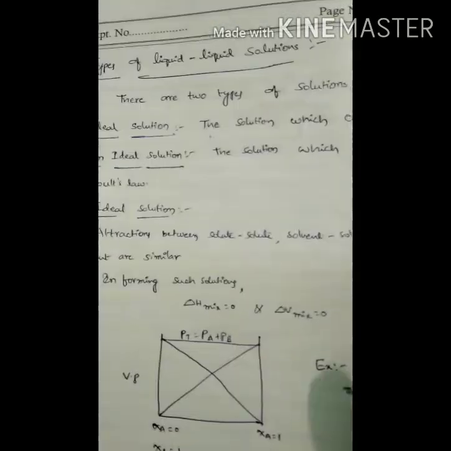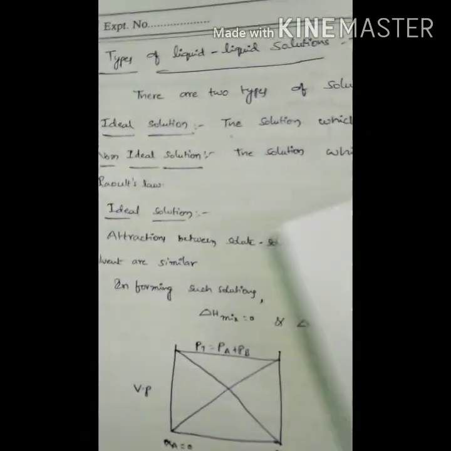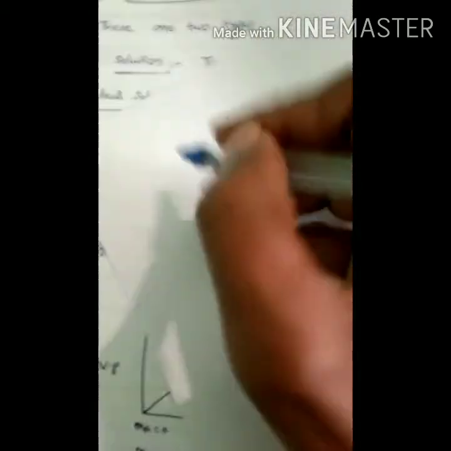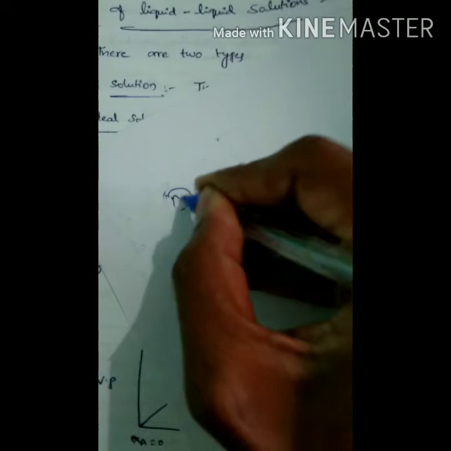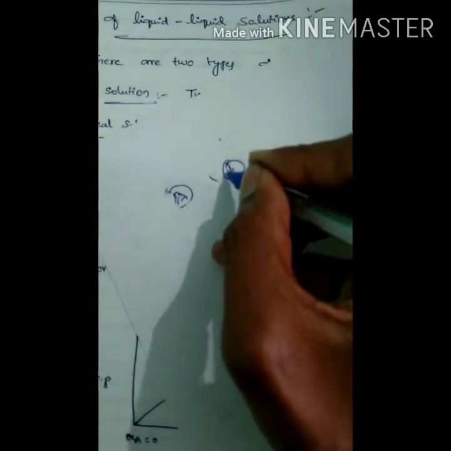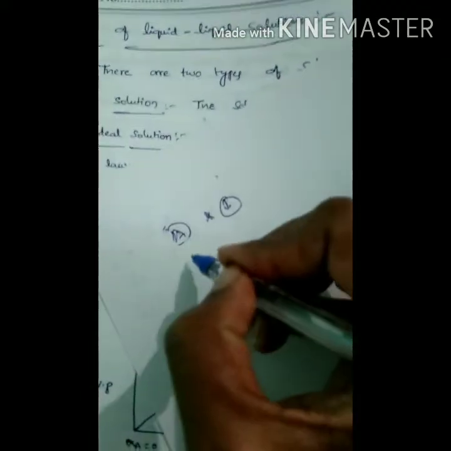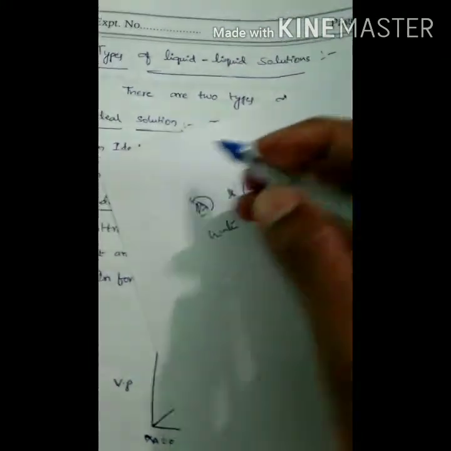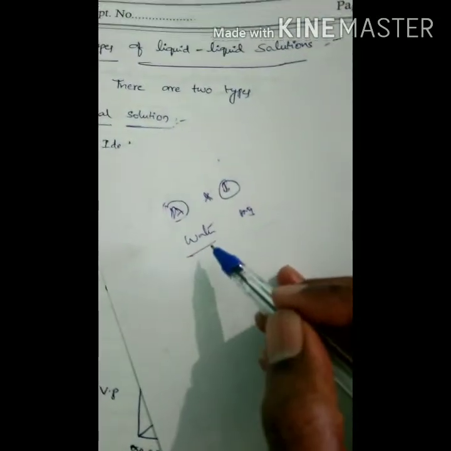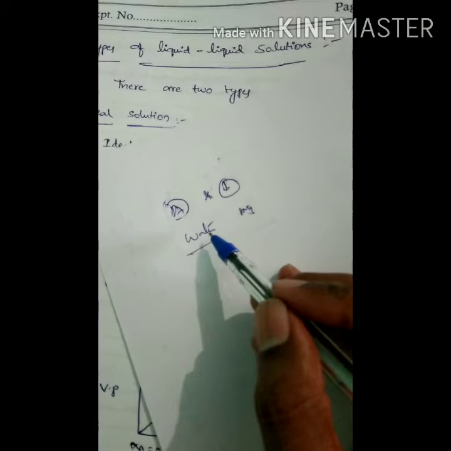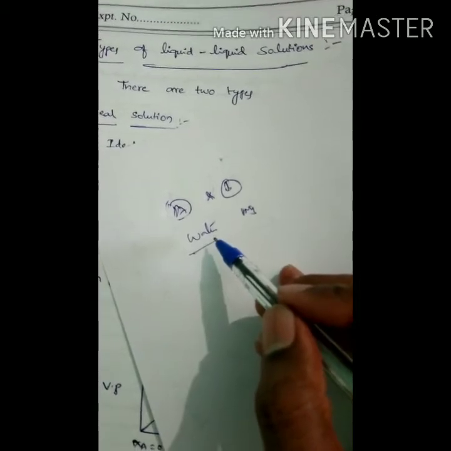For example, if I take two liquids, let us assume water and HNO3. In water there are so many water molecules, and between those molecules attraction forces are present.